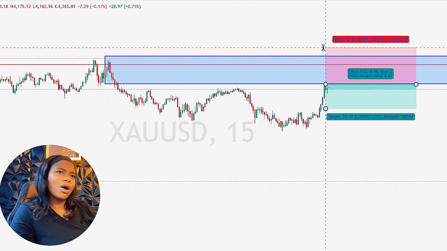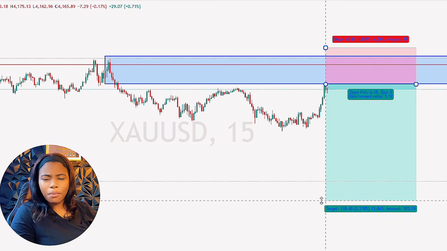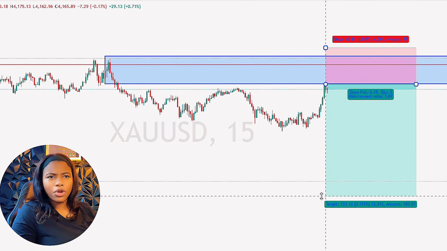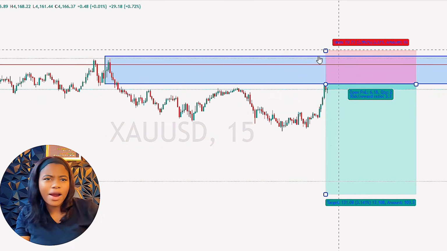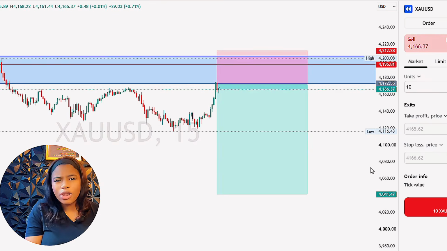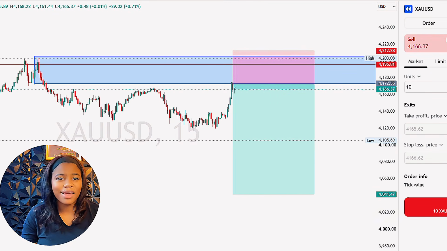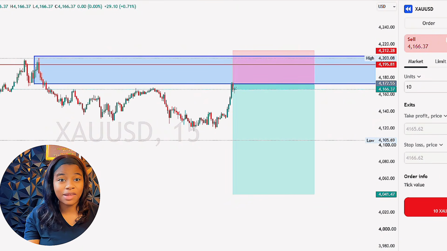So I want you to understand this. You start off with your 4-hour, with your bias, you confirm on your 1 hour, and then once you see the liquidity sweep, the market structure shift, the volume, the momentum, and all of this coming into play with the retest, you get in. And you can get in on your 15-minute time frame.